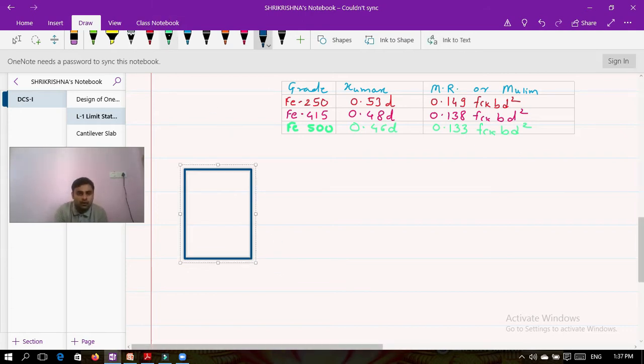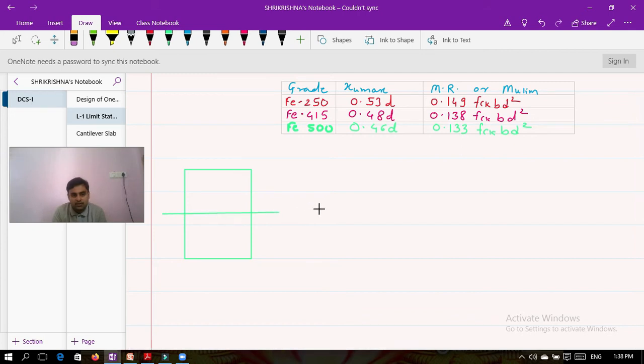Now I will draw the neutral axis. This axis is the neutral axis.